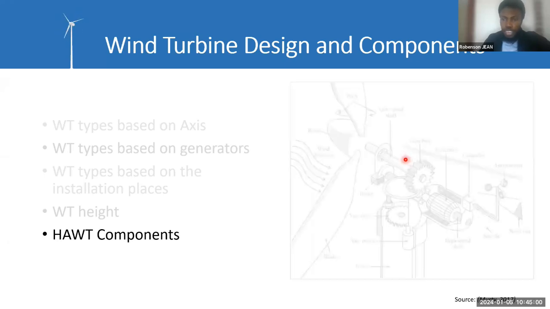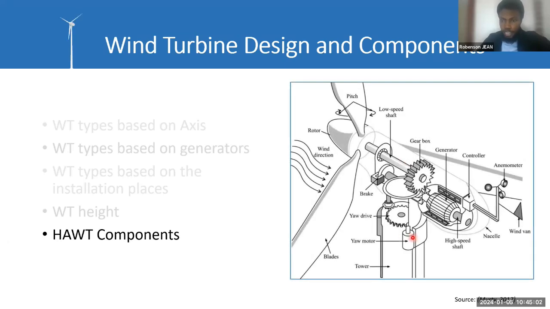I think in these images it is better. We are getting closer. So the yaw helps us to always put the swept area of the wind turbine in front of the headwind, the main direction of the wind speed.